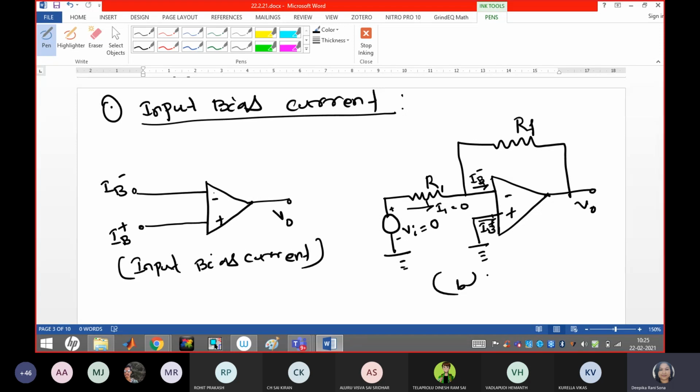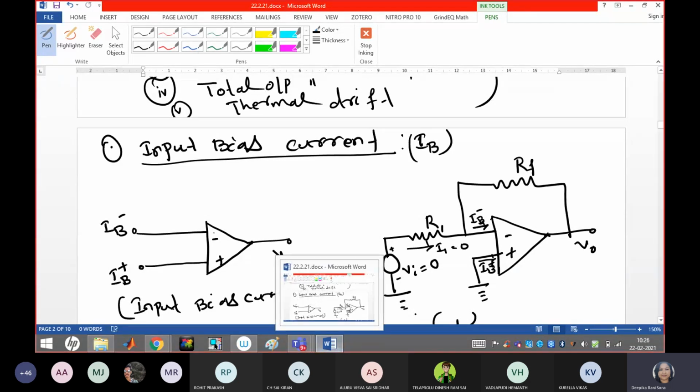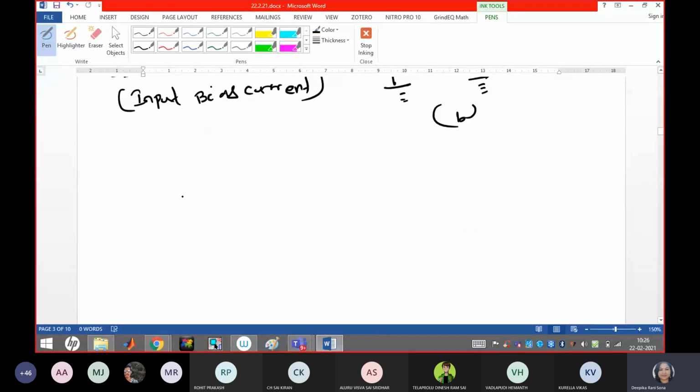How do we represent it? The total bias current of the amplifier can be represented as IB, and IB can be written as (IB minus plus IB plus) by 2. So it is the average of the currents entering the negative and positive input, meaning the inverting and non-inverting input terminals of the op-amp.